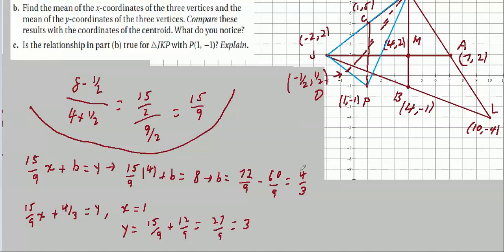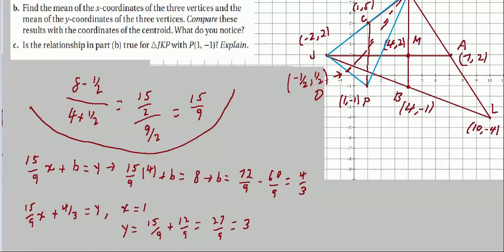but what's done is done. Now, we have our equation of the line. We found that b equals 4/3. We had our slope. So, we've got 15 over 9x plus 4/3 equals y. We have to set this equation, that's this one here, equal to the equation for this line here.